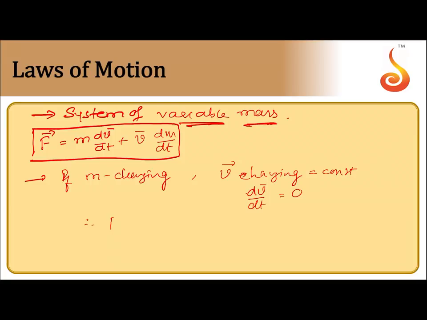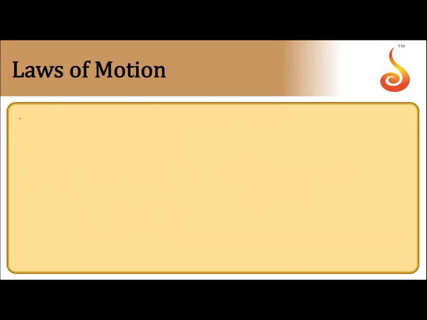So we have the equation F is equal to v dm divided by dt. Observe that the mass which is added or lost retains its constant velocity. These are important examples from your competitive examination perspective.